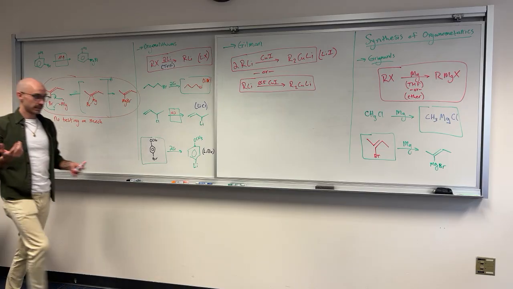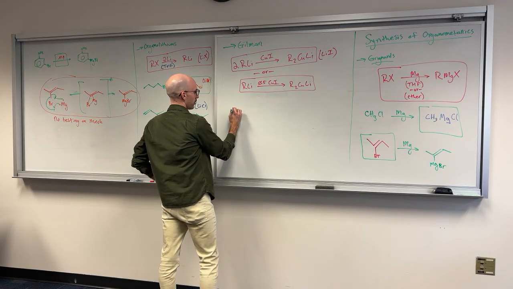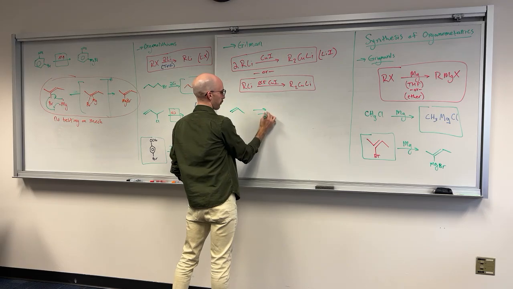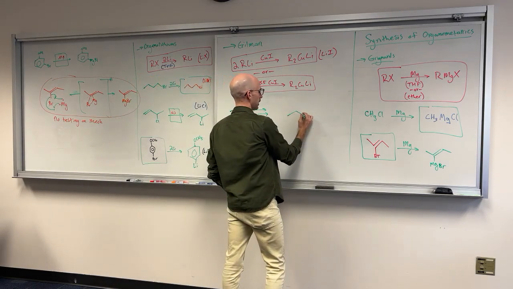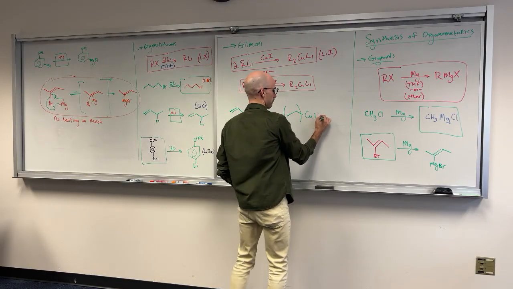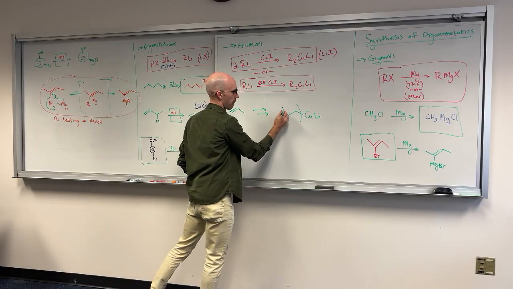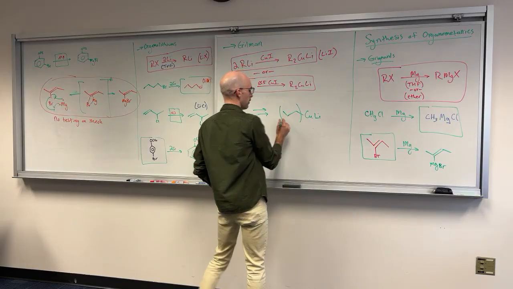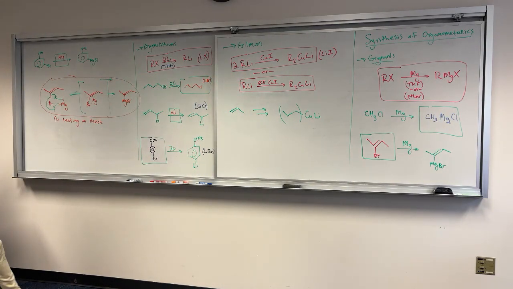All right, some synthesis. Here's what I want you guys to do. I want you to take 1-propene and through a series of steps, I would like you to give me di-n-propyl cuprate.